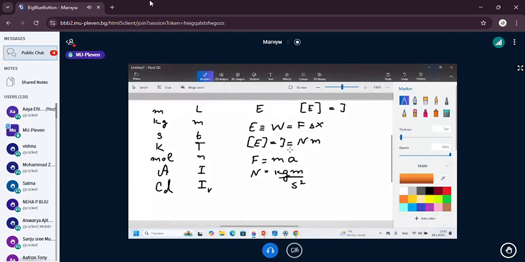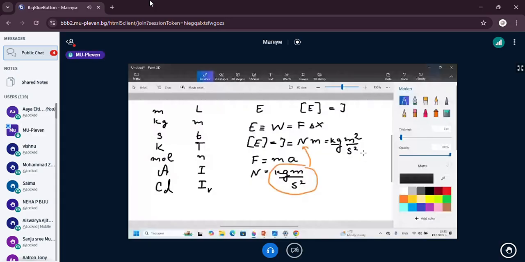And in this way, we can substitute Newton in the expression for the energy unit. So thus we've got kilogram, I'm just rewriting, meter per second squared times meter. So thus joule is kilogram meter squared per second squared.